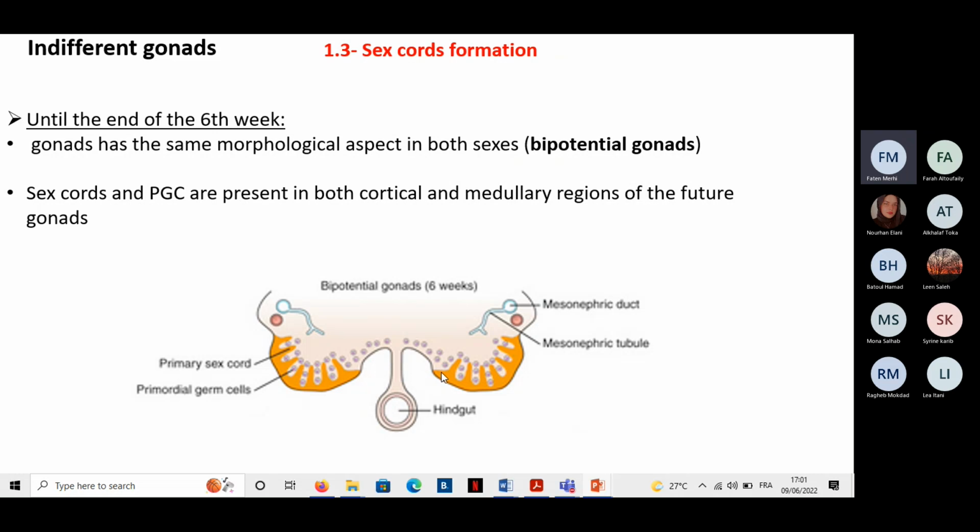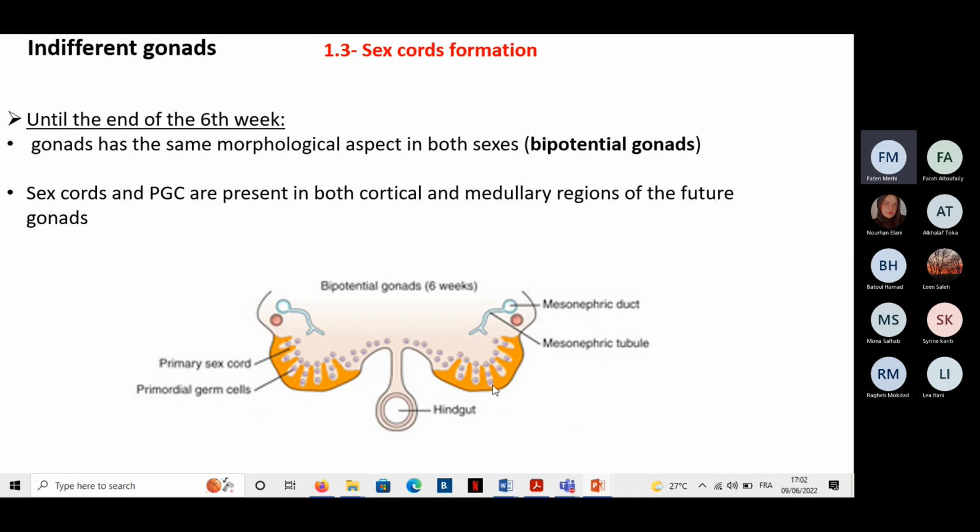So they are at the periphery of those genital ridges, and they also extend to the middle. We call it the medullary region, meaning the middle is the medullary region. So in the bipotential gonads, the sex cords are present in the cortical region, at the surface or periphery of the genital ridge, and they extend to the medullary region.